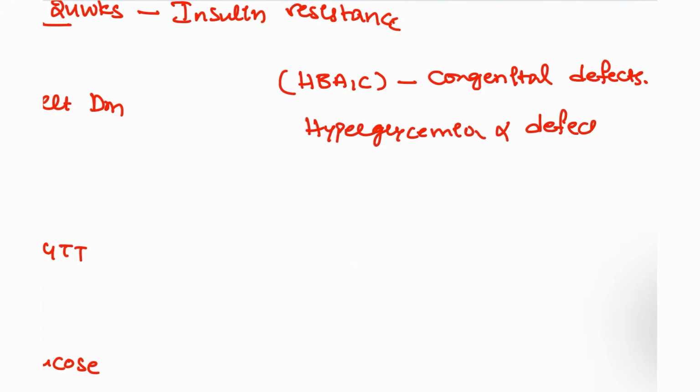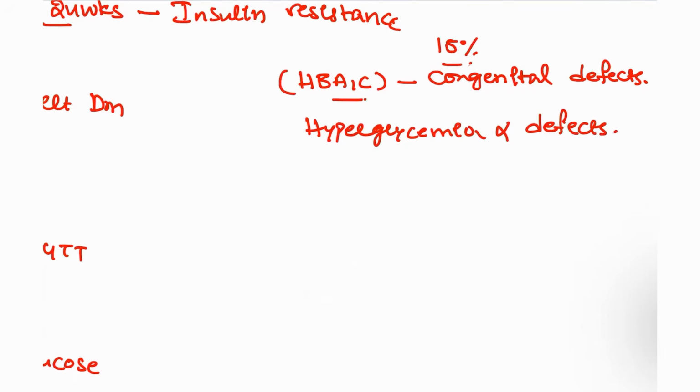It is highly toxic and teratogenic for the baby. That's why we do this. If the HbA1c is high, at 15%, then there is a high chance that congenital defects will be associated with this patient. So a target anomaly scan, or TIFFA scan, is a must for this patient.